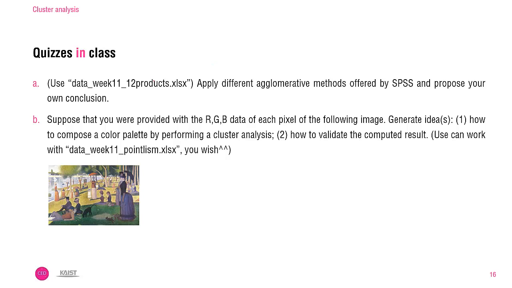And perhaps you should try to analyze this before you come to class, in case you cannot bring your computer to the classroom. So try out different clustering methods and please try to reach your own conclusion. Thank you for your attention.